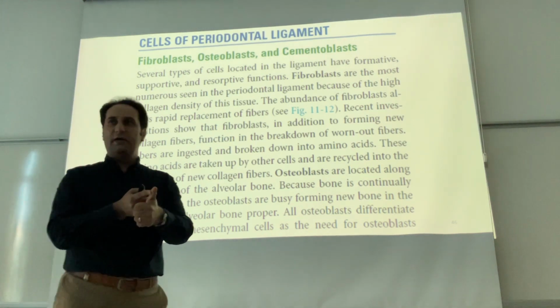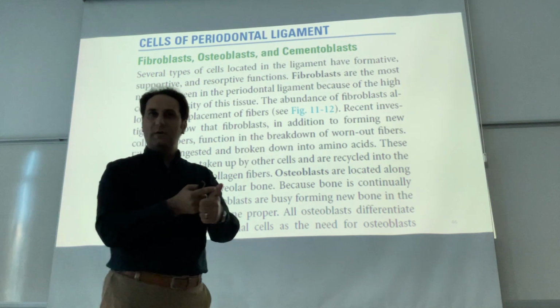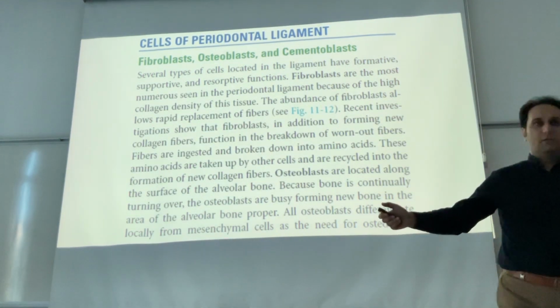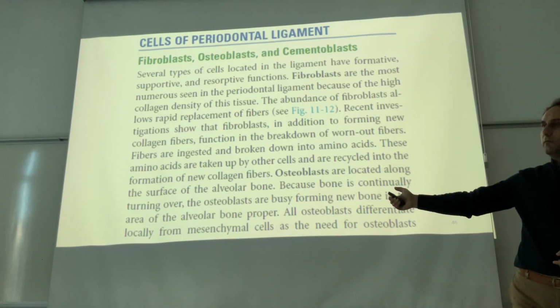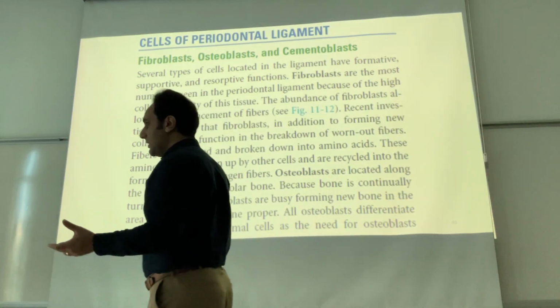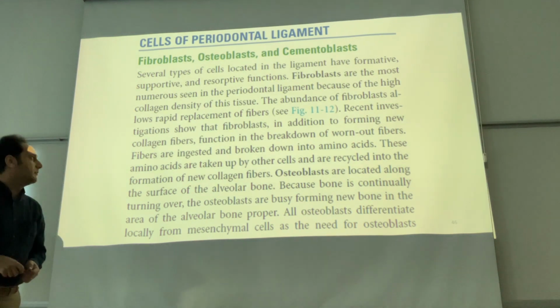Synthesis of collagen fibers, elastic fibers and reticular fibers. Can we see elastic fibers in the periodontal ligament? In which part? Yes. What is the special name of these fibers? Oxytalan fibers.